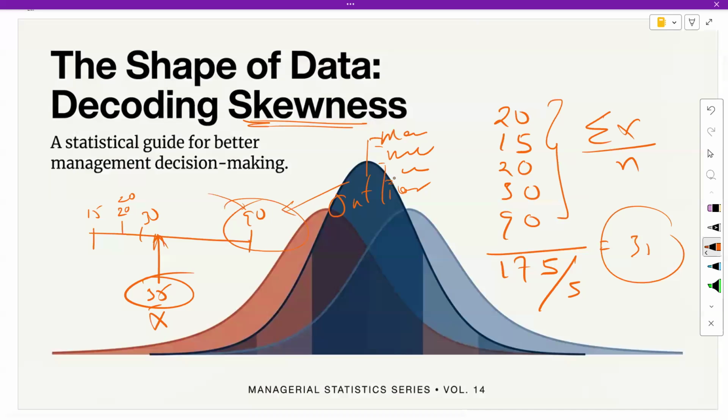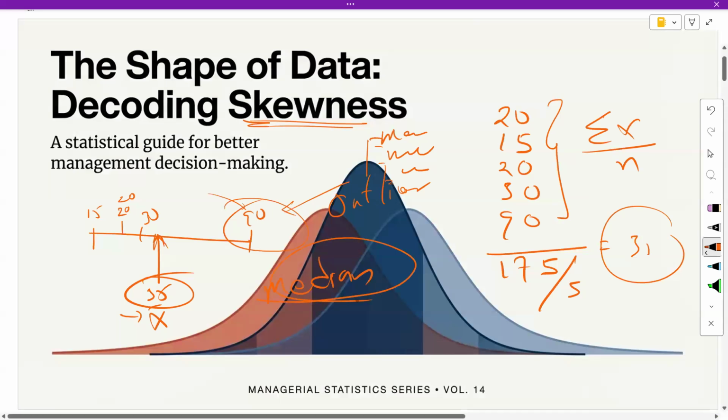Then only we can say it's symmetric data. So when the data is skewed, if there are any outliers in a sample data set, the mean value may lead us to inappropriate inferences. Therefore, we may prefer to use what? The median, the central location somewhere here.